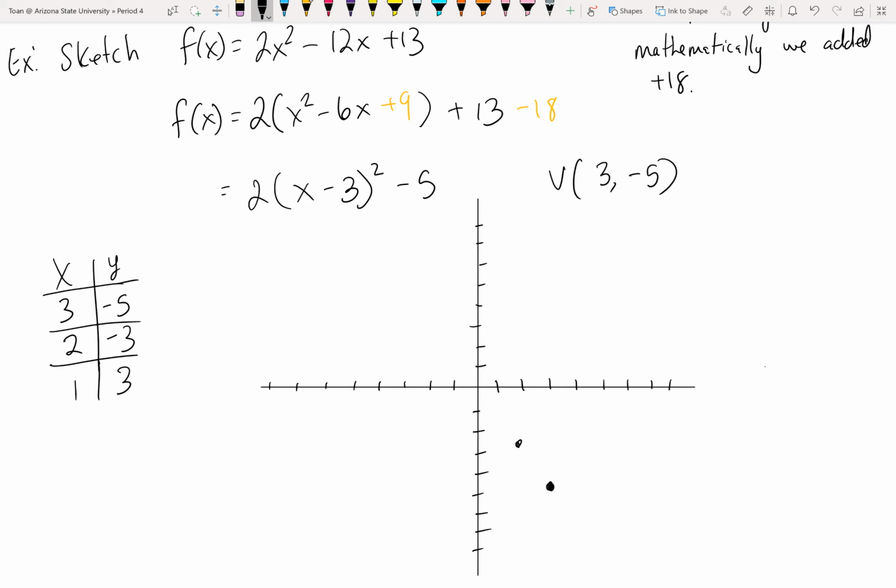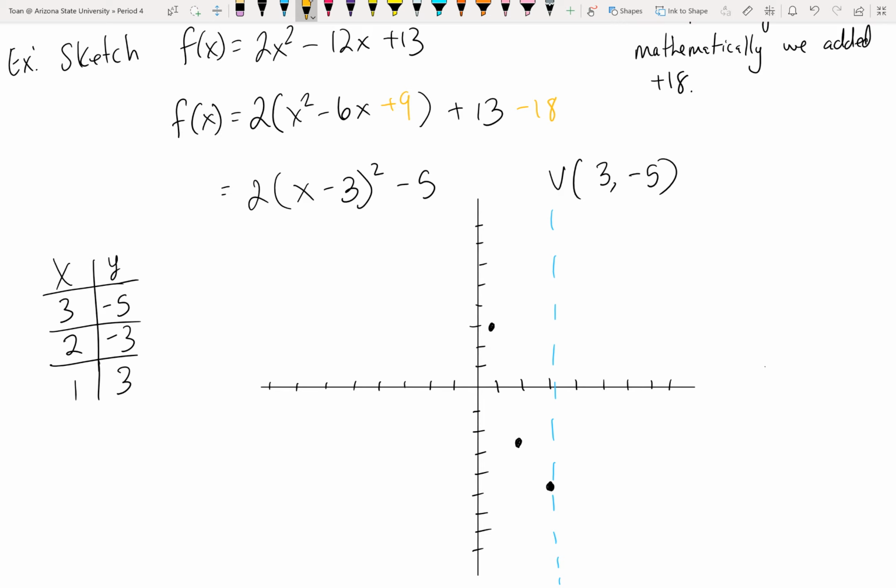(2, -3). (1, 3). And you're probably going, well, that's not a full parabola. Well, we only plotted half of the branch. But the idea is that every parabola's axis of symmetry always goes through the vertex. So if my vertex is (3, -5), then automatically I know the other points of my function because I just mirror image it over.